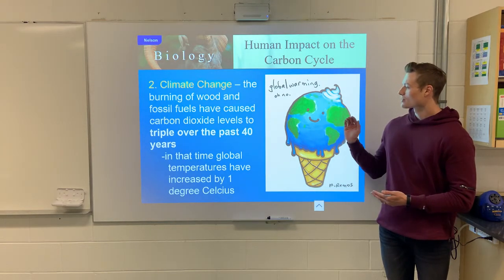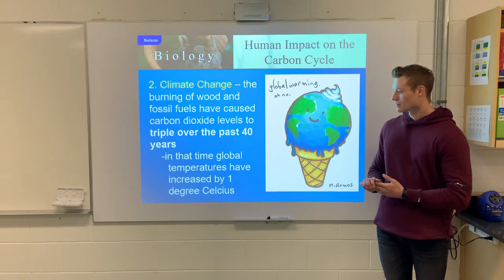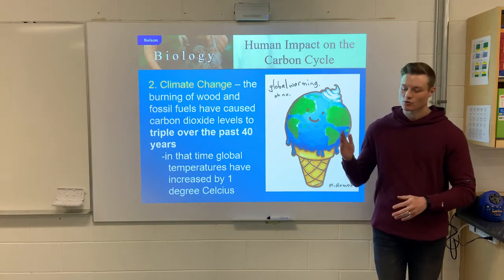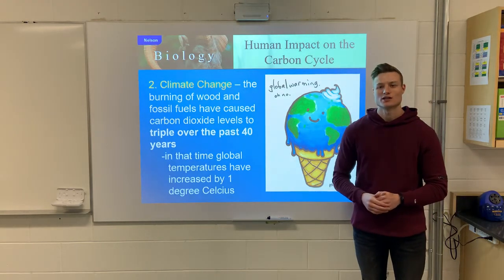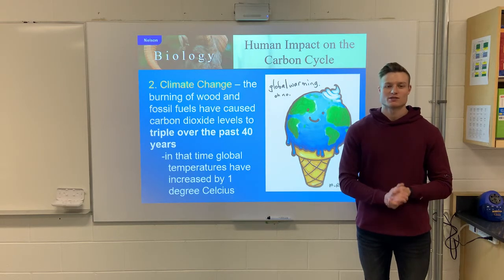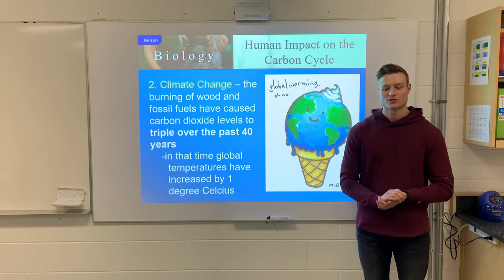Over the last 40 years, our levels of CO2 have over tripled, okay? In that time, the global temperature has increased by over 1 degree Celsius. And 1 degree, you're like, what's the difference between 17 degrees and 18 degrees? We probably won't feel it, but some species will. Even a couple degrees change can really impact species out there, plants, animals, fish, etc.